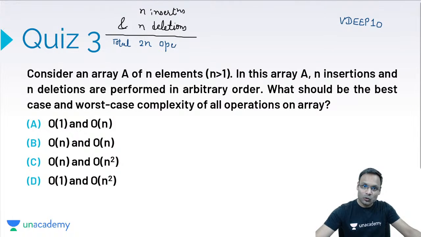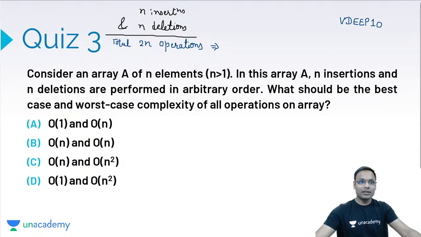If each takes constant time, the total is constant plus constant plus constant, 2n times, so the complexity becomes big O of 2n, which is nothing but big O of n in the best case.